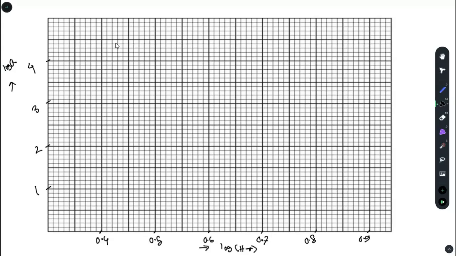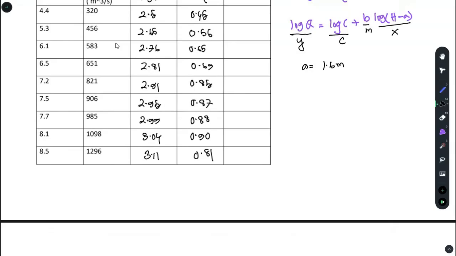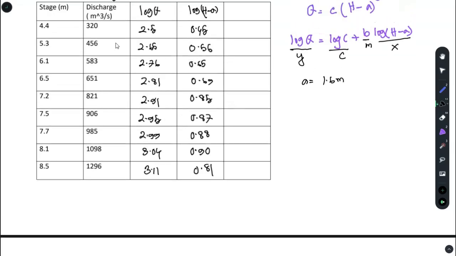So let's take a value like 0.45. I will plot a few points, like 0.45 with 2.5, later 0.65 with 2.76, and 0.9 with 3.04.